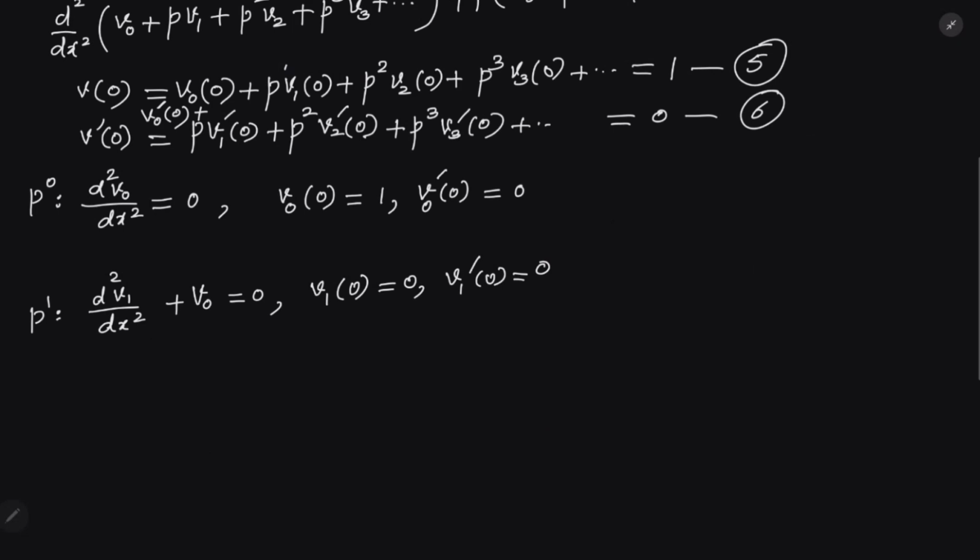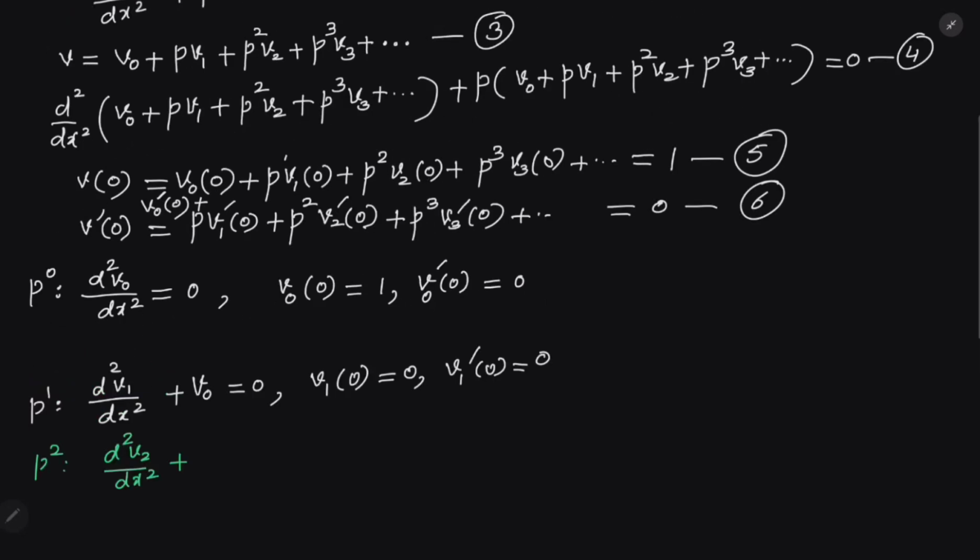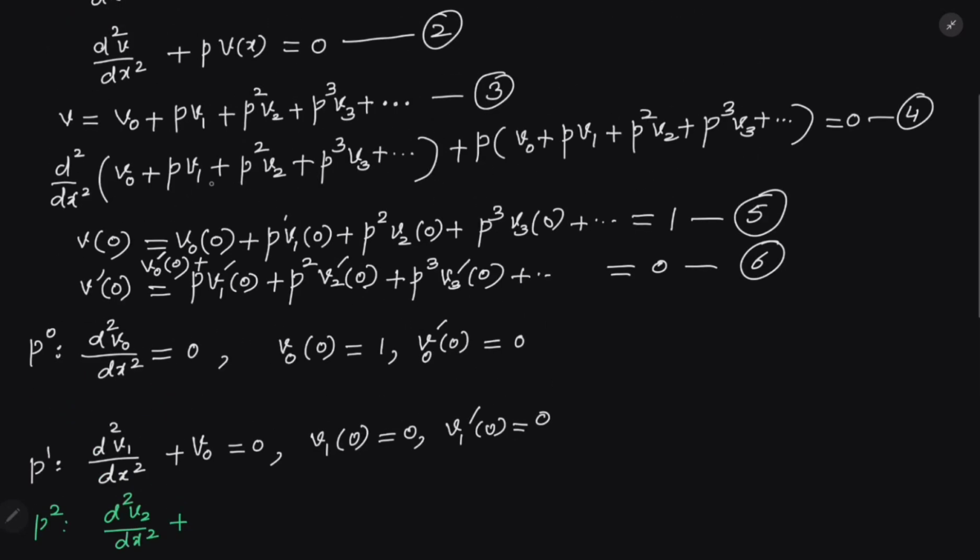So maybe the last one, P2, then we will solve the equations. d square V2 by dx square. For P2, we have derivative of V2, then we have V1 plus V1, since when we multiply P with this term, this becomes P square V1.